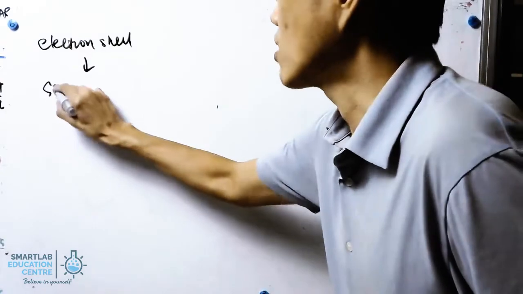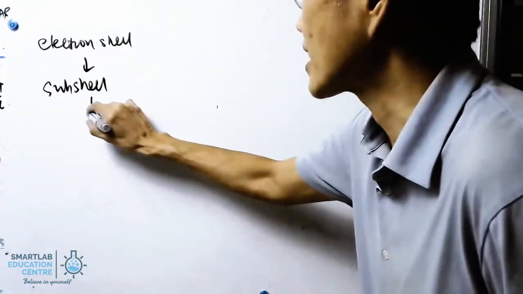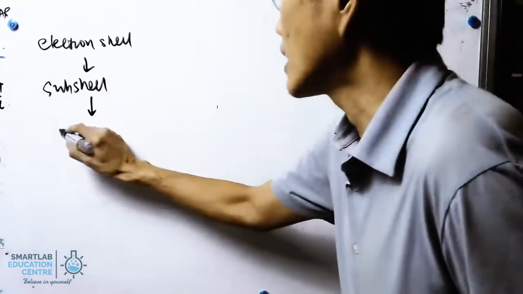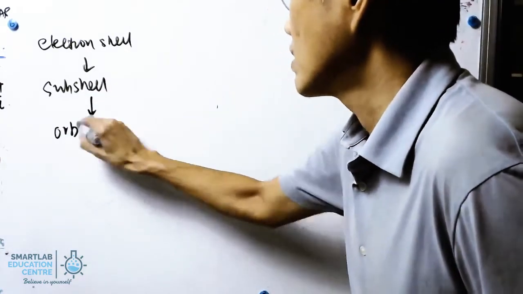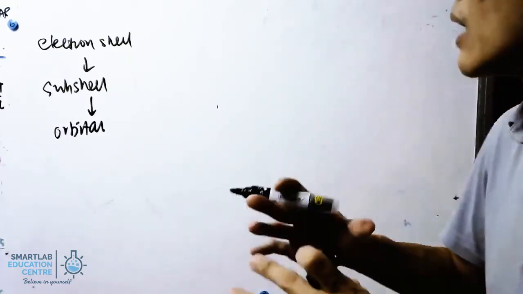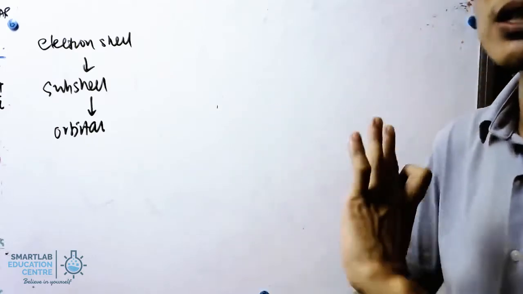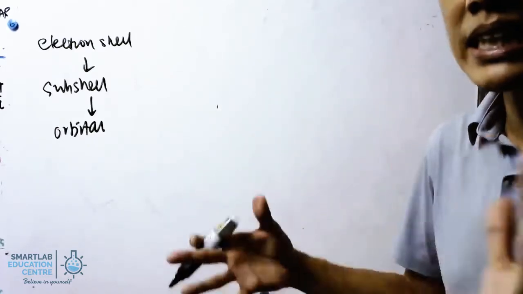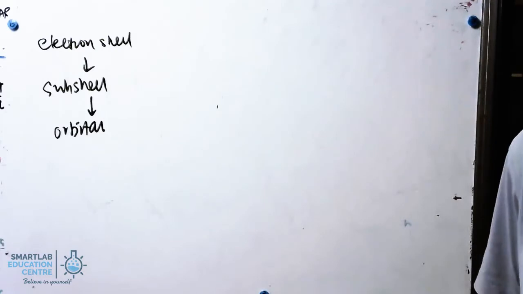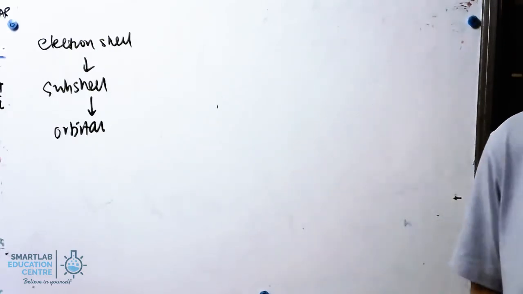From shell, you can organize into various subshells, which are dedicated spaces for the electrons to sit in, and each space typically can hold up to 2 electrons, all right? And the electrons are in pairs because although they have like charges, they have opposite spins. So magnetically, they attract each other, although electrostatically, they repel. So that is how the space in an atom is organized.